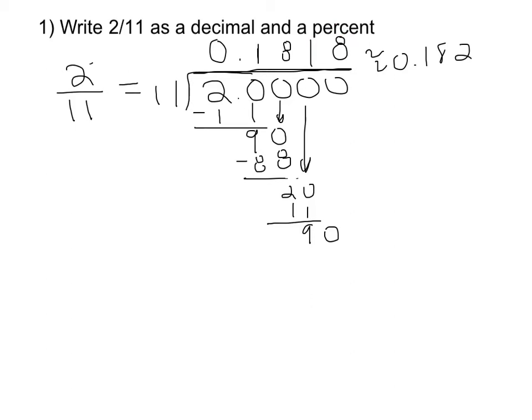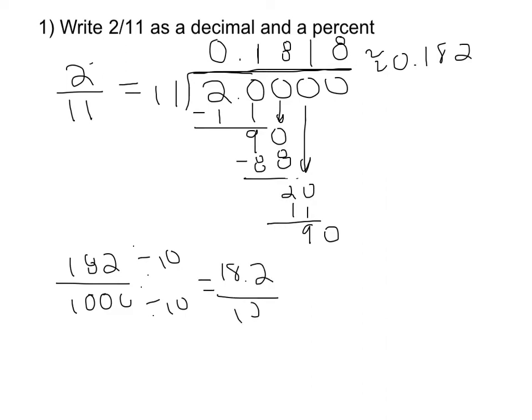I also need to write that as a percent. I know what I have so far is 182 1,000ths. I want my percent to be out of 100, so I can divide by 10 over 10, and I would get 18.2 100ths, so that's 18.2%.